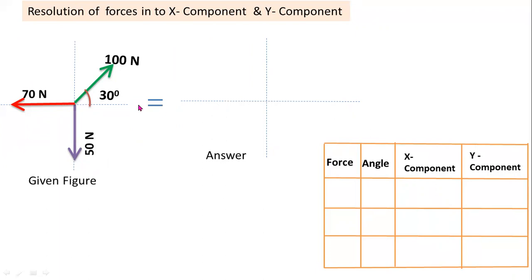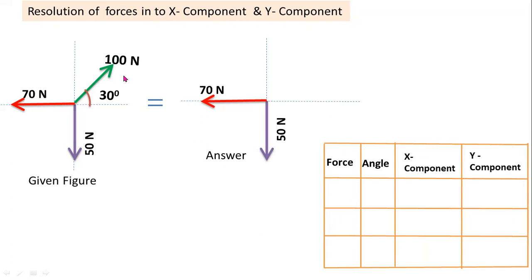Here I am taking the horizontal force as it is. Now I am taking this vertical force as it is. There is no need to convert these horizontal and vertical forces. Now you have to convert this inclined force into horizontal and vertical force.